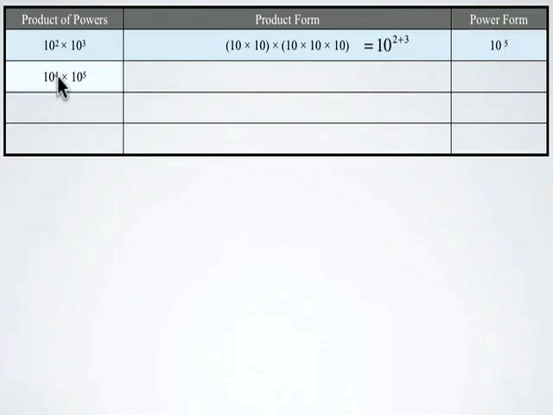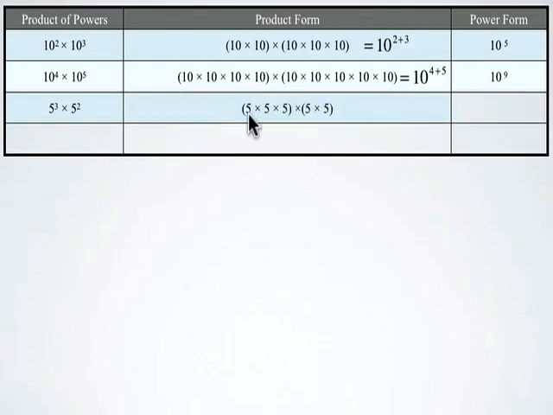Similarly, if I have 10 to the 4th, which is a power, times 10 to the 5th, another power, 4 tens times 5 tens is the same as writing it as a repeated multiplication as 10 to the 4 plus 5, so it's the same as having 10 9 times. 5 to the 3rd times 5 to the 2, or 5 squared, 3 5s multiplied with 2 5s gives me 5 5s.